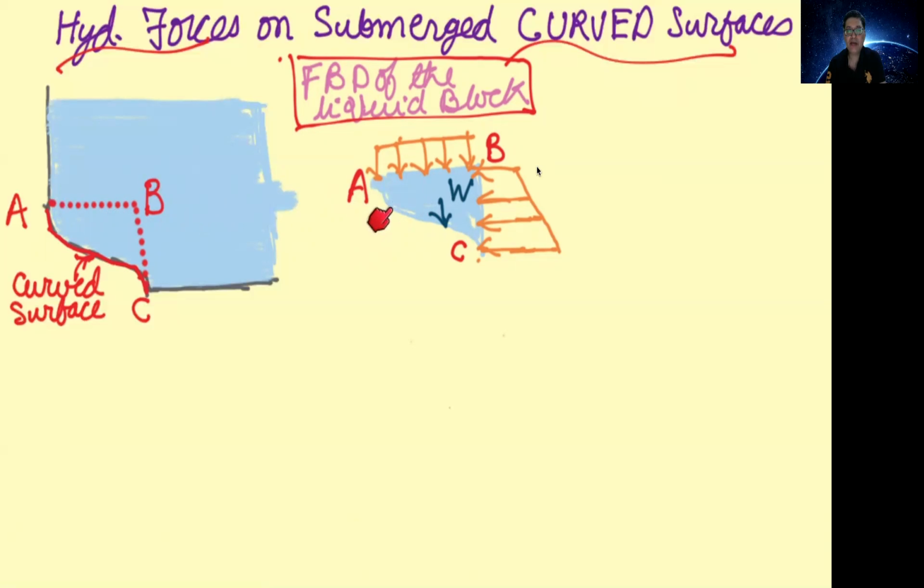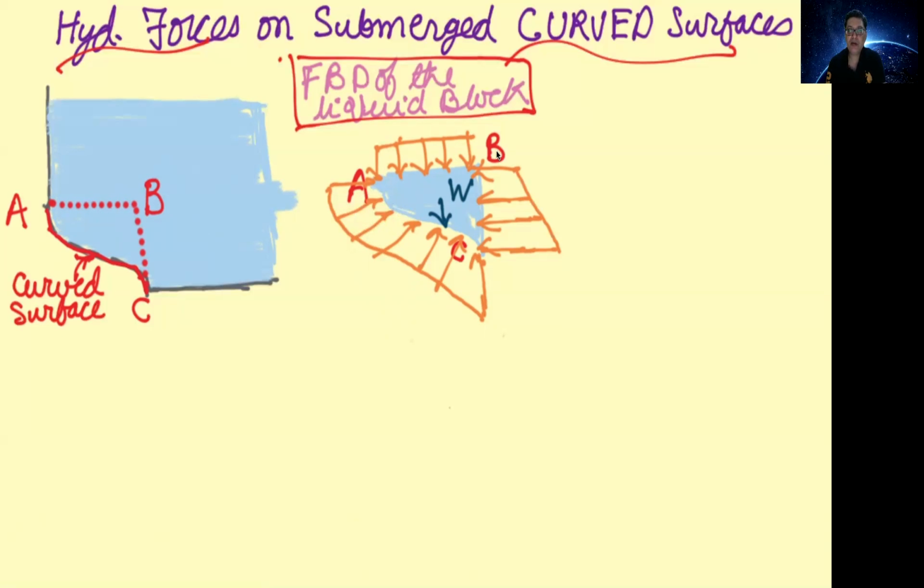Basically, you apply Newton's third law of motion. On this surface the pressure is in this direction, on the curved surface the pressure is in the opposite direction. The hydrostatic force on the curved surface acts in this direction. So these are the surface forces and body forces corresponding to this problem.